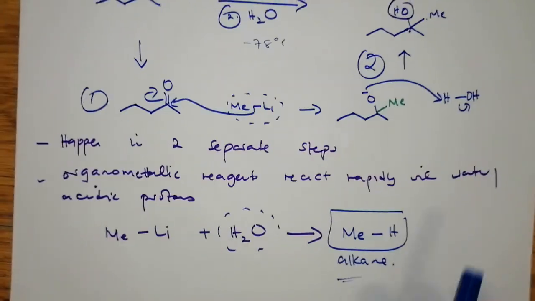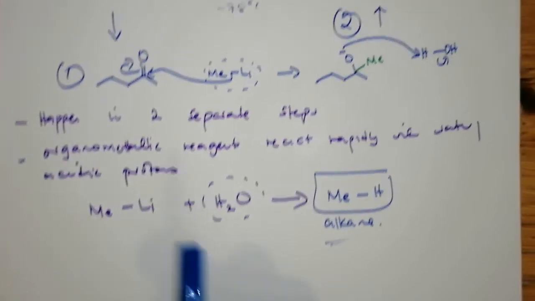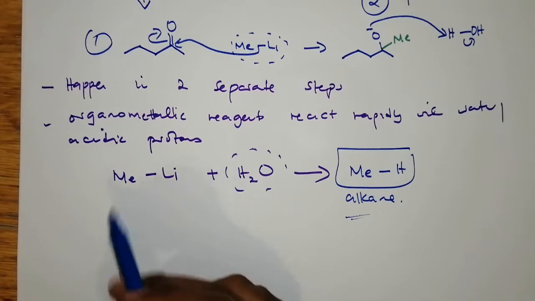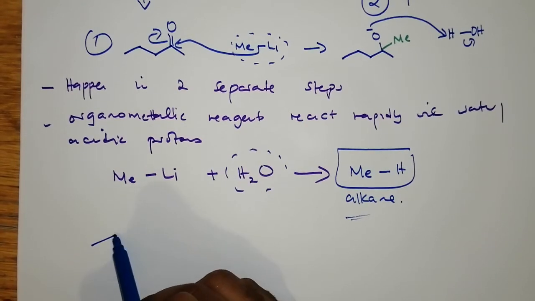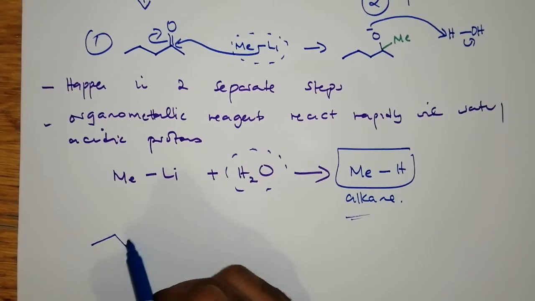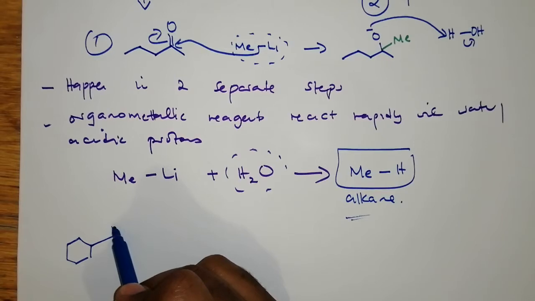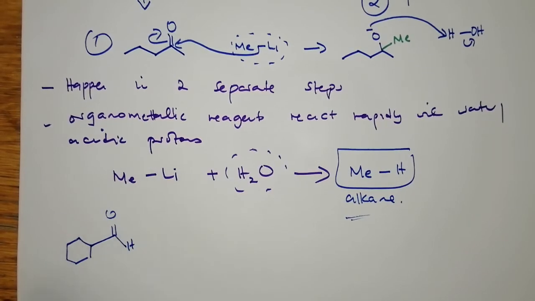All right, I reacted here with a ketone. Let me now react with an aldehyde. Then we're going to just wrap this up. Okay, let me just be funny here and throw this at you.